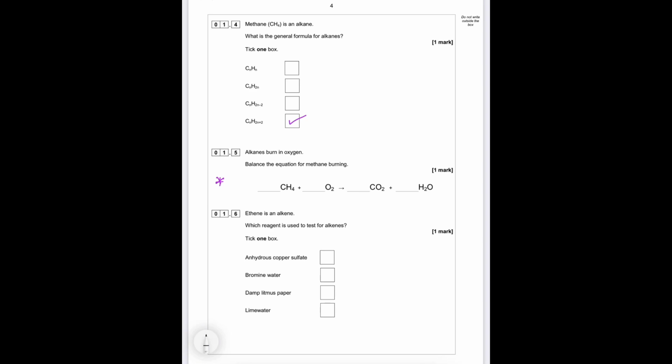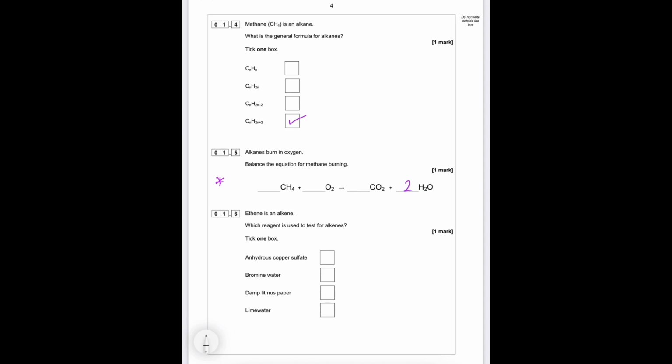So they're balanced. If I look at my hydrogens, I have 4 hydrogens on the left-hand side, but only 2 hydrogens in the H2O. Therefore, I need 2 H2O molecules to balance out my 4 hydrogens. Then, if I look at my oxygens, I have 2 oxygens on the reactant side.